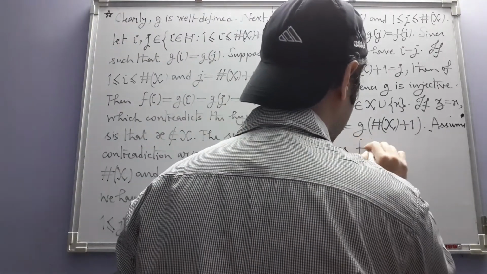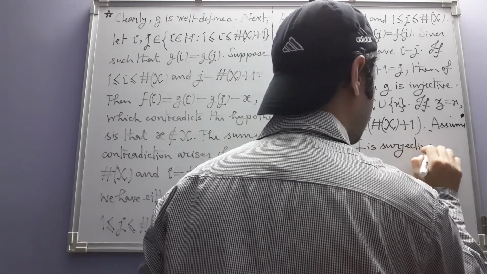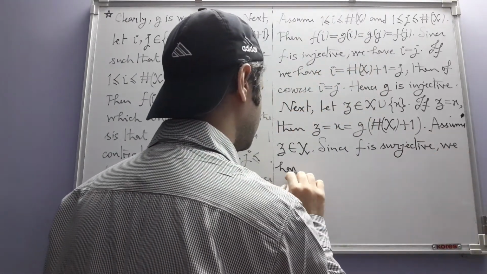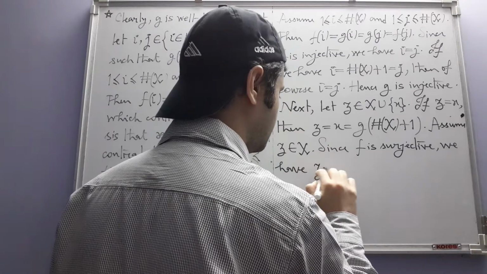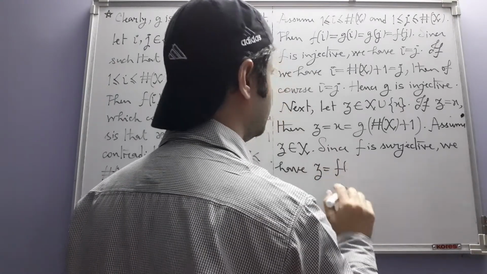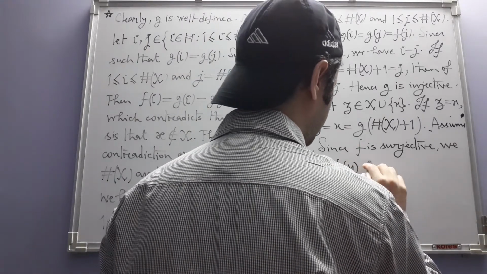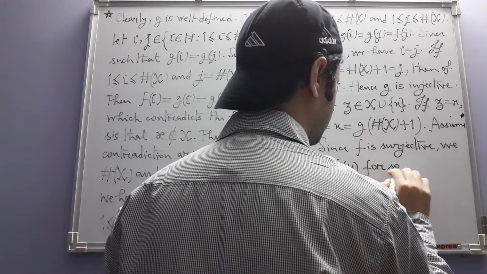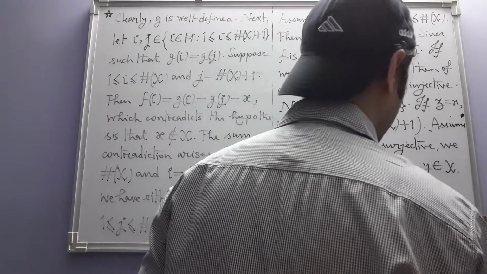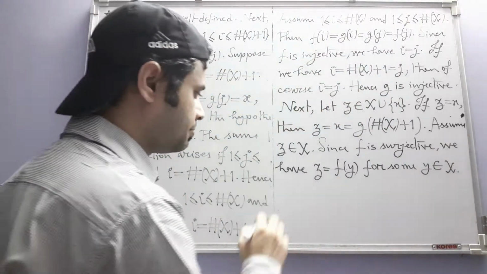Since f is surjective, we have z is equal to x we cannot use because x is a special element here. Z is equal to f of y for some y belonging to x, but on the set x, f is nothing but g.